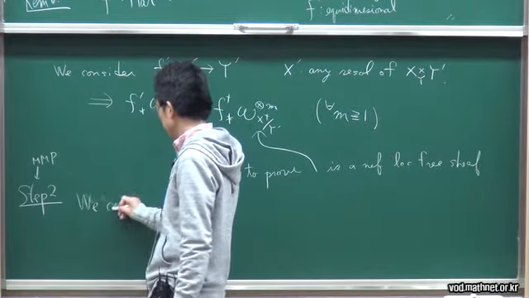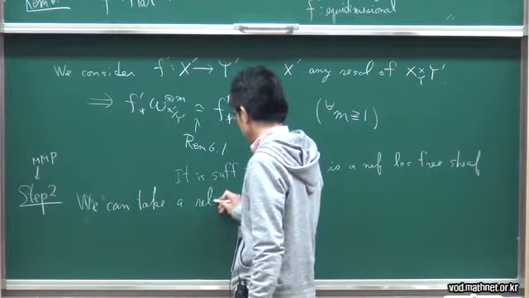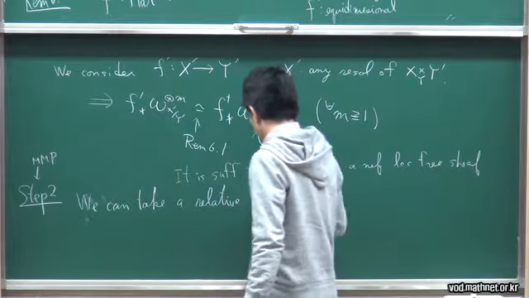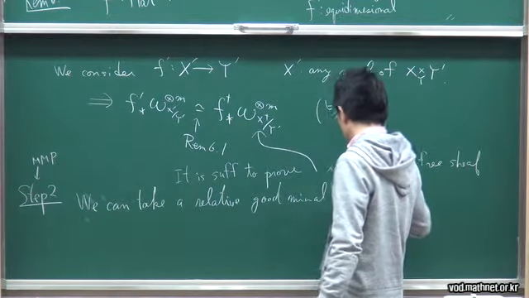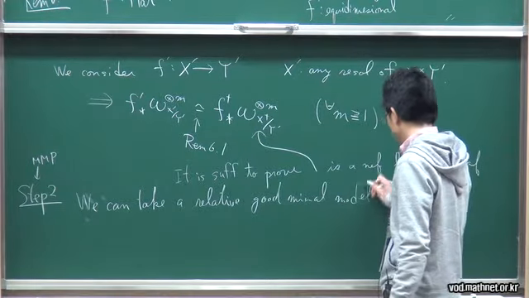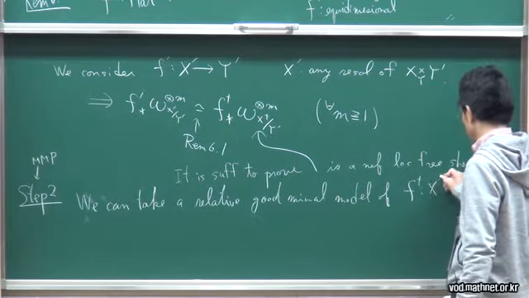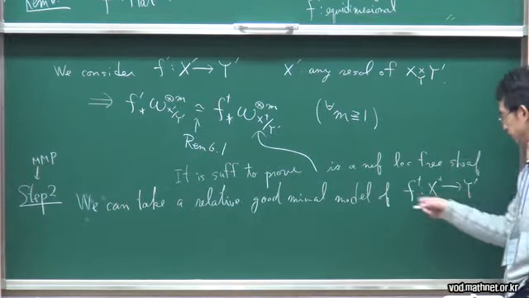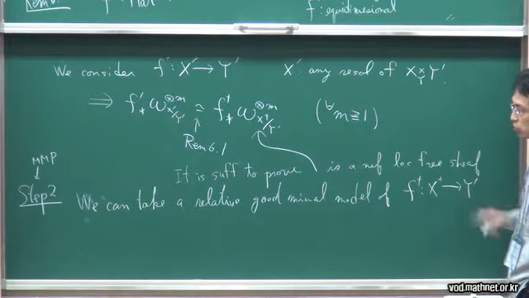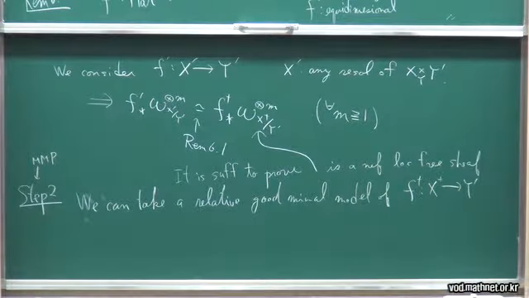We can take a relative good minimal model of this one, f dagger: X dagger to Y prime. This is the weakly semistable morphism constructed in step 1, and by assumption we can take a relative good minimal model of this morphism.